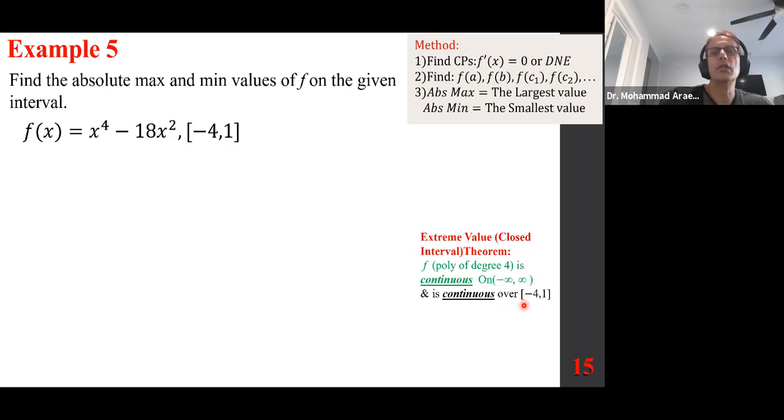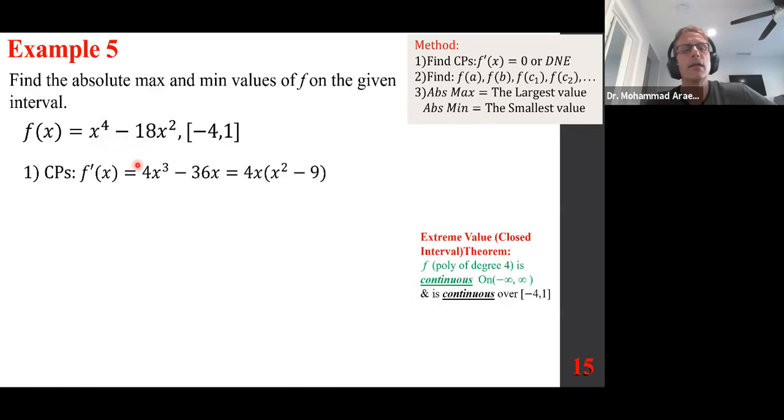Now let's go through the process of finding f prime. Differentiate step by step, term by term, x to the power of 4, 4x cubed, minus 18 times 2, minus 36x. And since we want to set it equal to 0, so 4x cubed minus 36x, we are going to take the GCF out, which is 4x. So 4x times x squared minus 9.